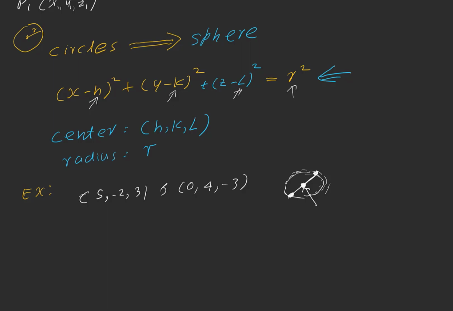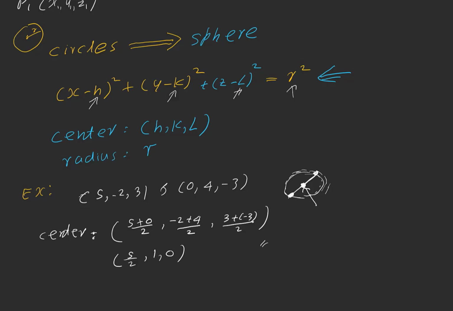Therefore we can find center: 5 plus 0 divided by 2, -2 plus 4 divided by 2, 3 plus -3 divided by 2. So this is 5 over 2, 1, 0. So this is the center of this sphere.